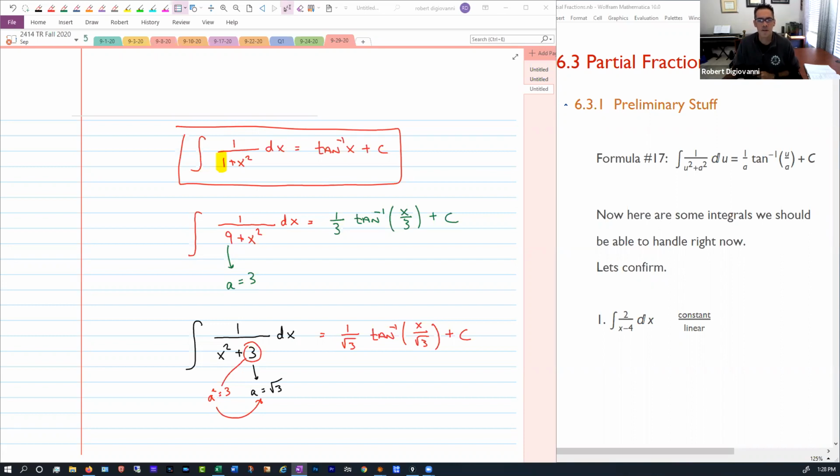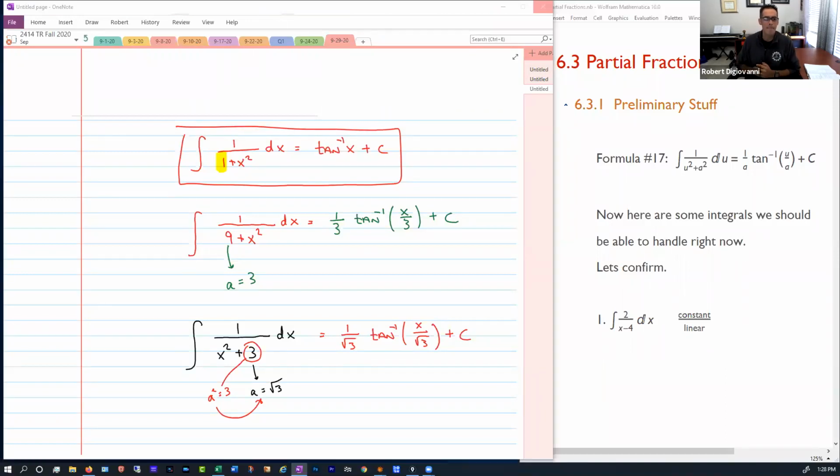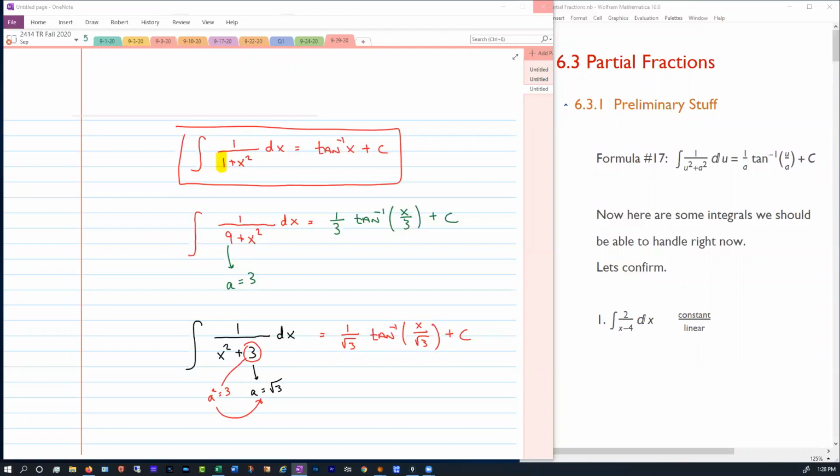The results here are about 50-50. Let me ask someone to volunteer. Someone who said yes, do you want to explain why we have to rationalize it? I've always been taught that your answer can't have a square root in the denominator. Okay, so that's why I picked yes.